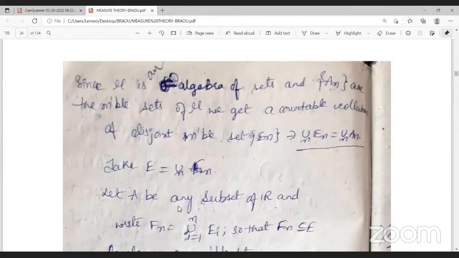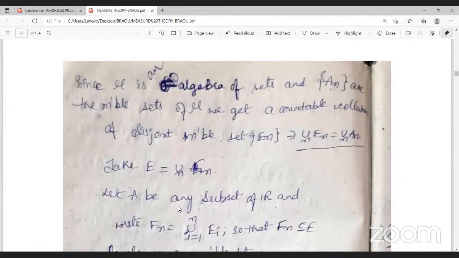And so on, Fn equals En minus En plus 1.